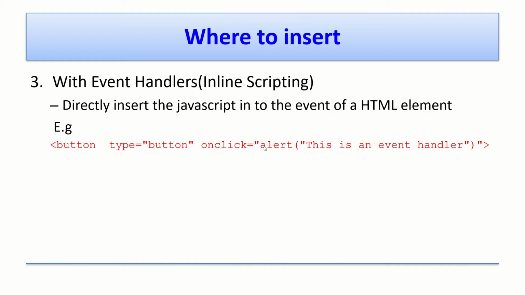Then we can set JavaScript code in onclick, and we can say alert, and here we can pass the message. Likewise, we can insert JavaScript code inside the HTML element. Let's see how we can do these things in our web pages by examples.